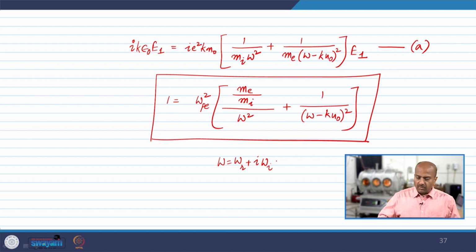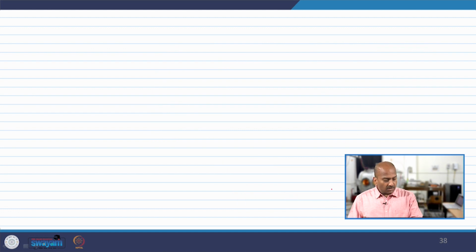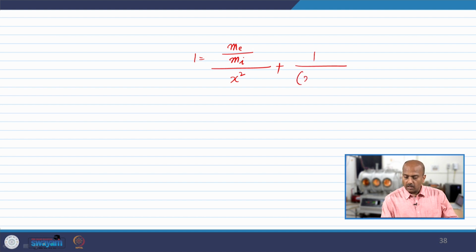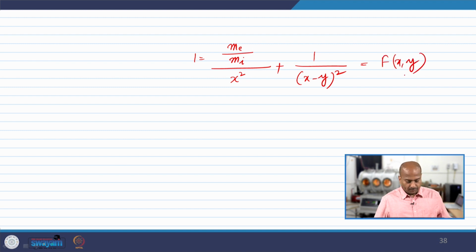Let us define omega by omega Pe to be x and k u naught by omega Pe as y. Then the dispersion relation can be written as 1 equals (m_e by m_i divided by x square plus 1 by (x minus y) whole square), which can be written as a function of x and y.